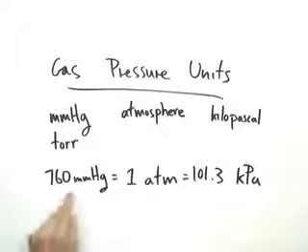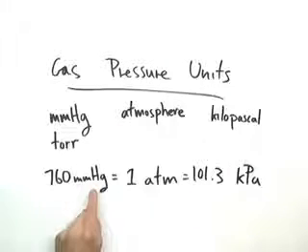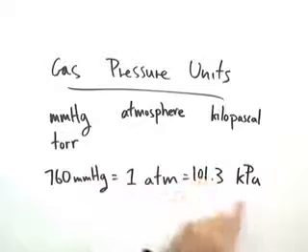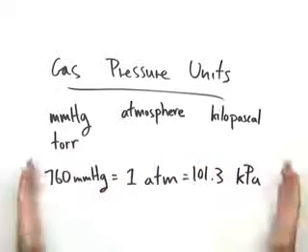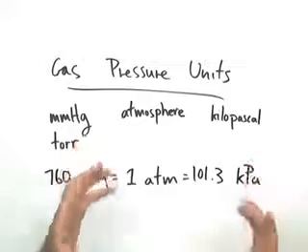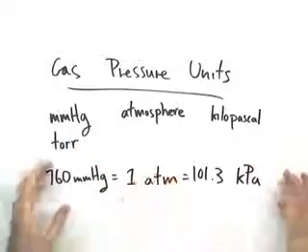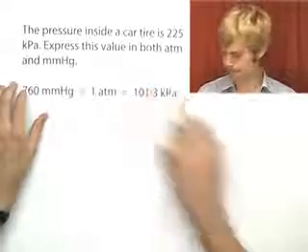Just as 760 millimeters of mercury equals 1 ATM, this also means that 760 millimeters of mercury equals 101.3 kilopascals. As we've done previously in earlier conversion factor problems, we're going to be using this equation to write conversion factors to go between these different units, depending on which we want to start with or which we want to finish with.